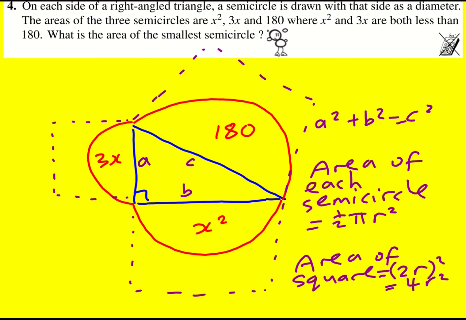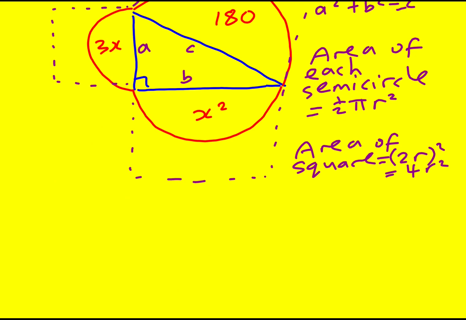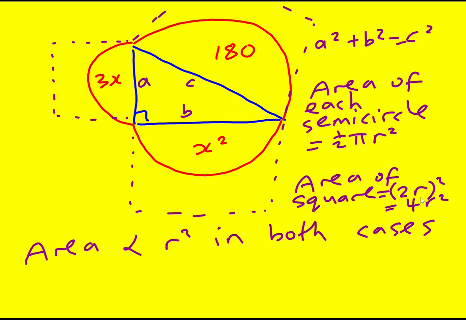And therefore, in both cases, the area is proportional to r squared. And actually, the same kind of idea, Pythag, will still apply for the circles, is what I'm trying to get at. Or the semicircles, I should say.